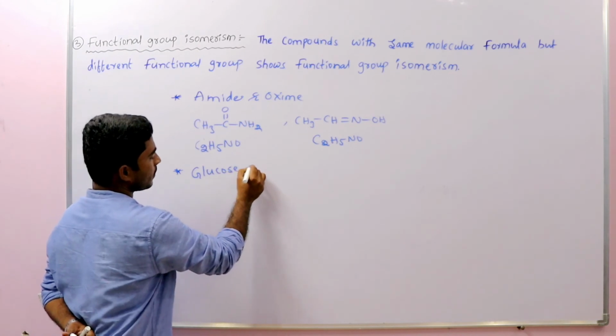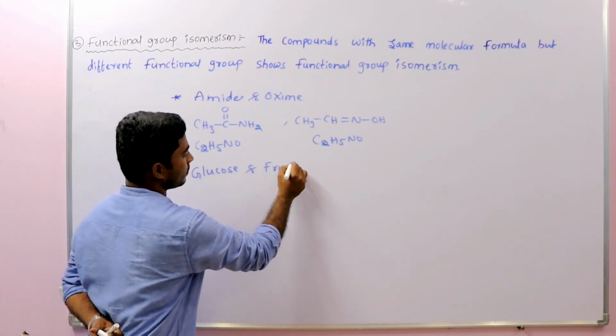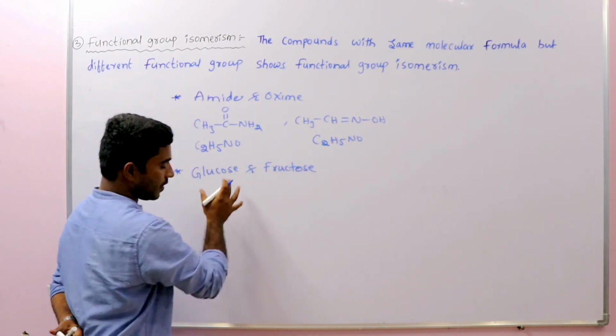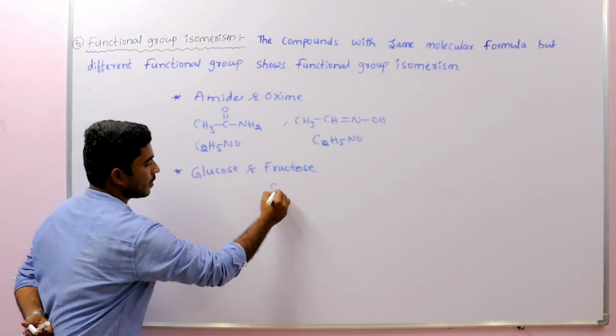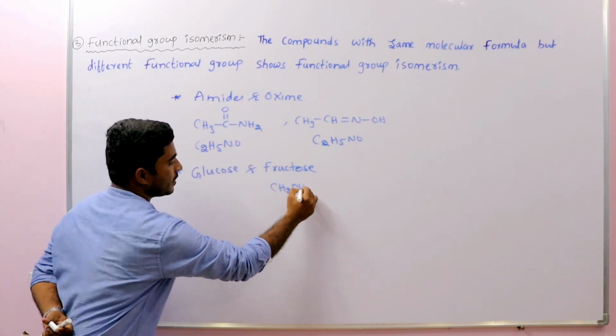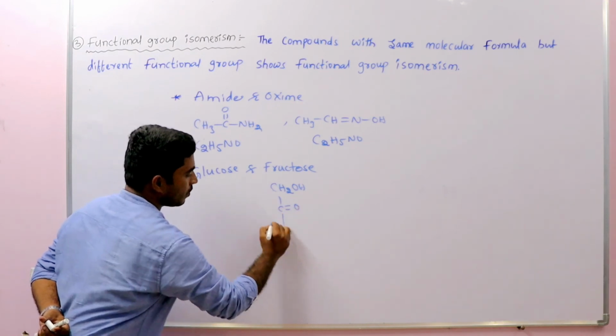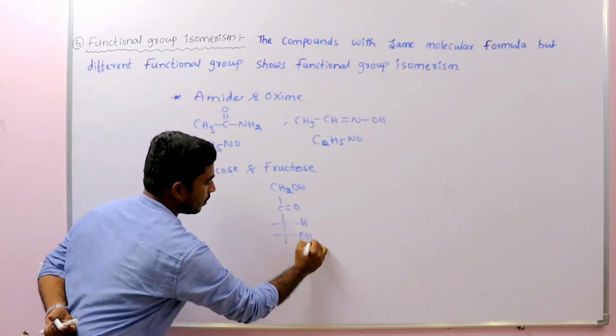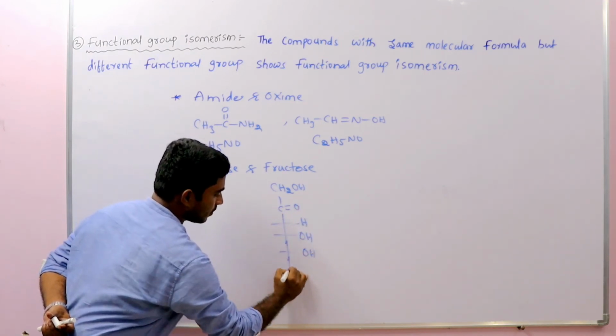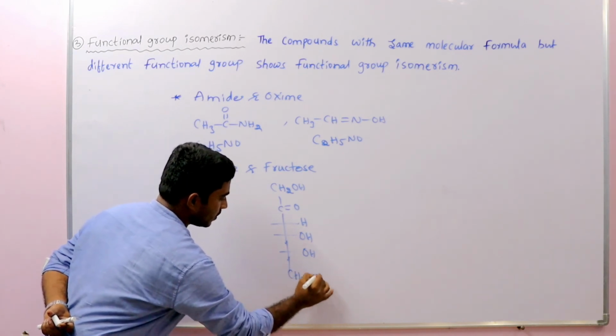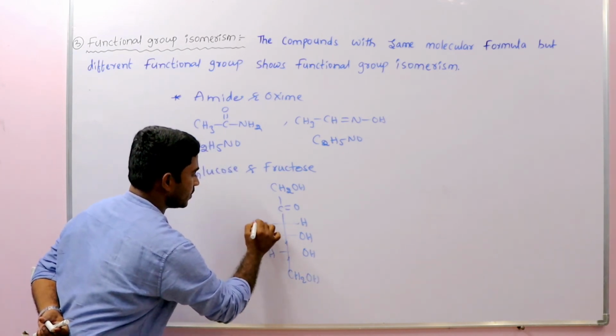Glucose and fructose. The fructose structure: CH2OH, C double bond O, H OH OH, CH2OH, H H OH.